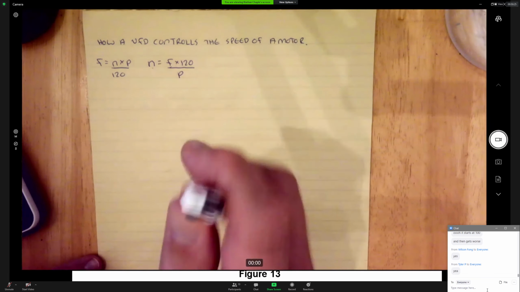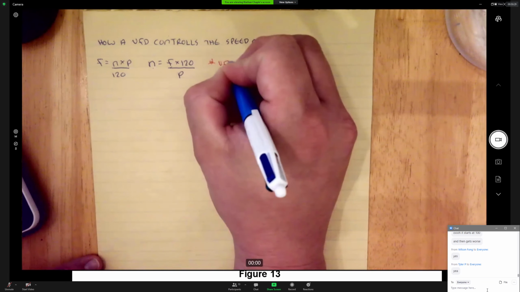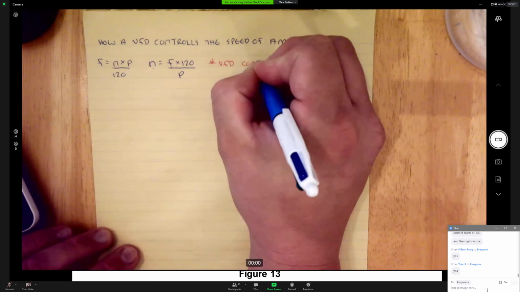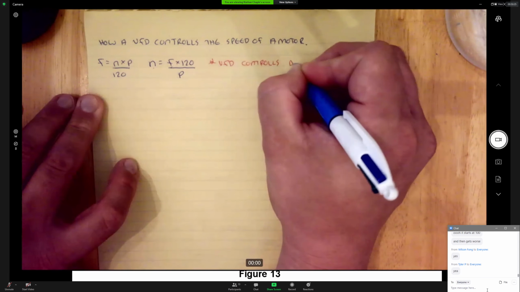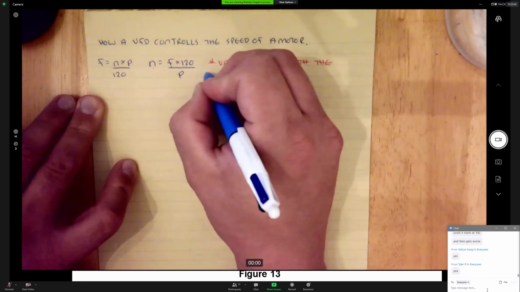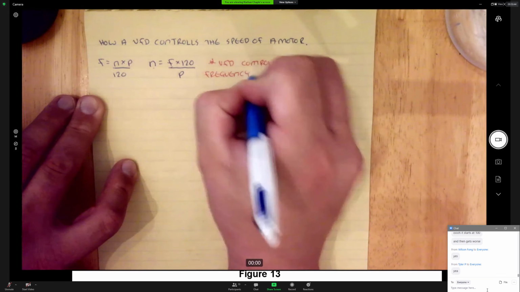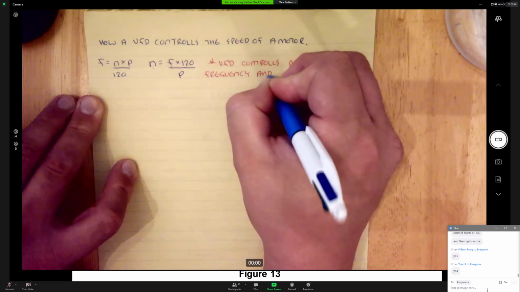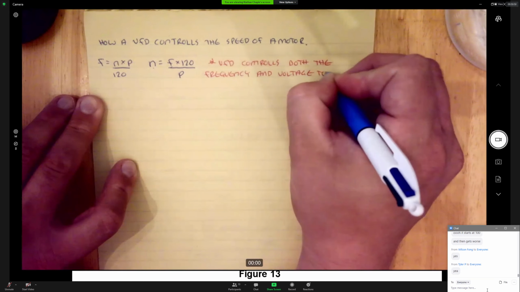Variable frequency drive controls both the frequency and voltage to the motor.